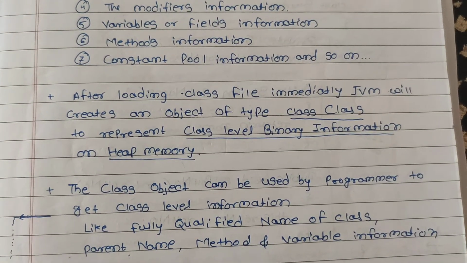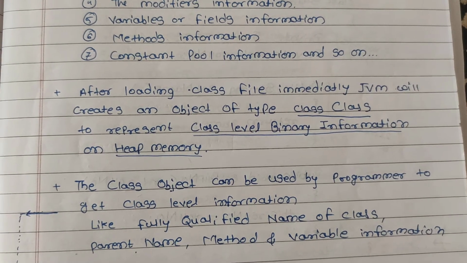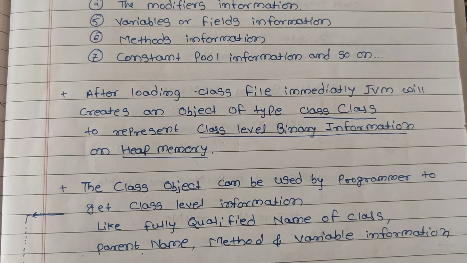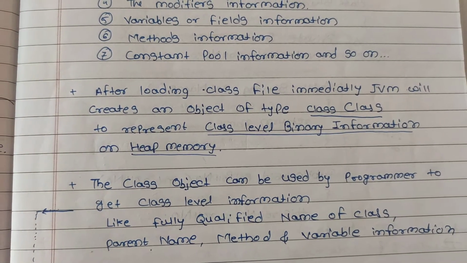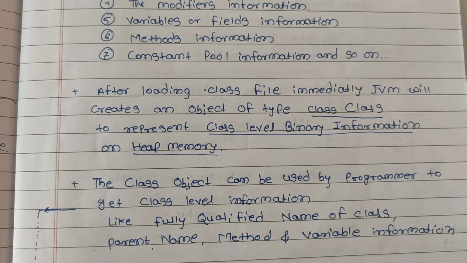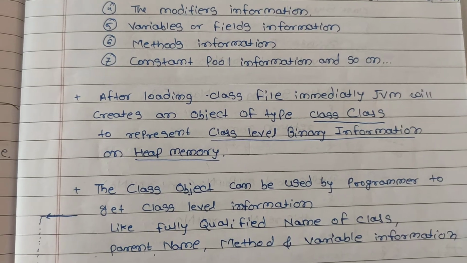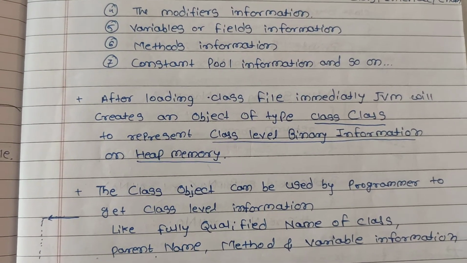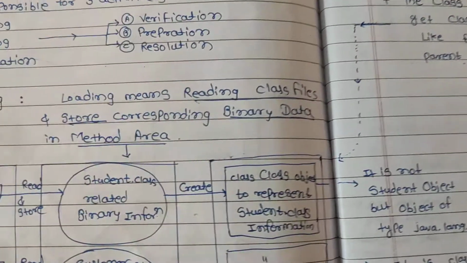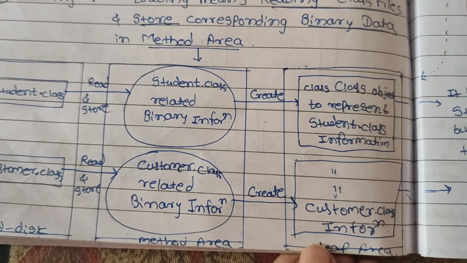After loading the .class file, immediately what JVM will do is create an object of type Class to represent class level binary information on the heap area. So this is the second step.